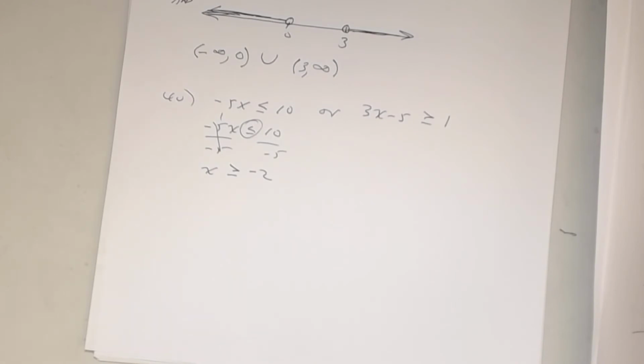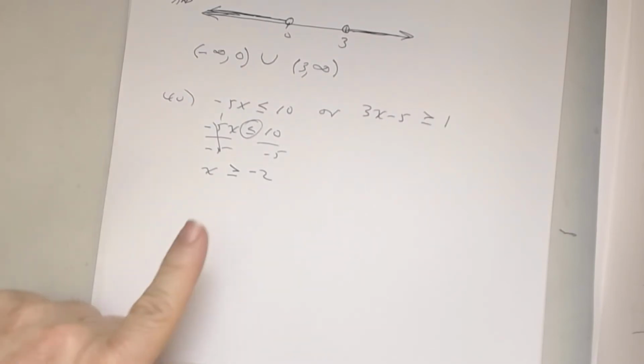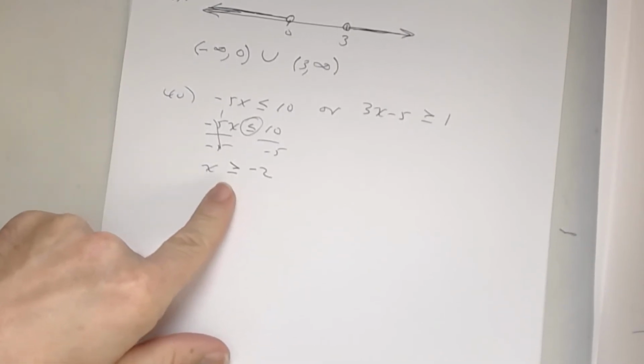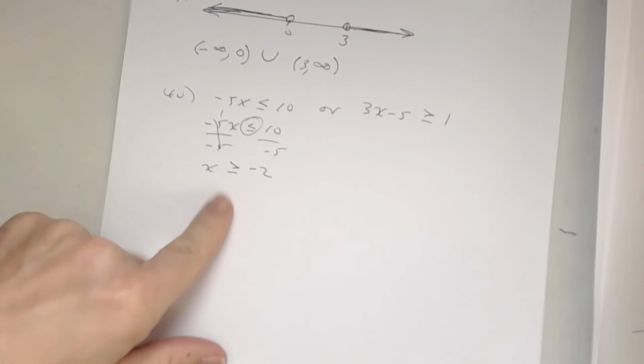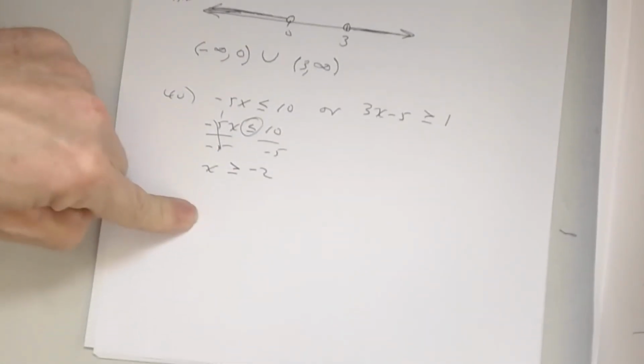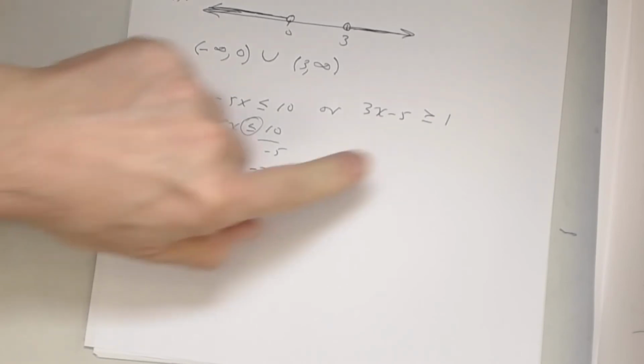Maybe, maybe not, right? But would that be a solution to the compound inequality? Yes, because remember we said, any number that's shaded is a what? Solution. Would negative 2 be shaded? Yeah, so is negative 2 going to be a solution to this compound inequality? Yes. But you can't stop there. You're going to see why. You got to do the other one now.